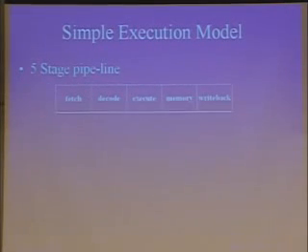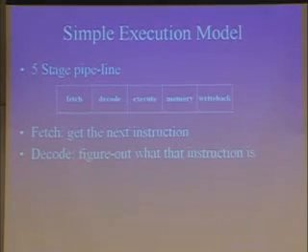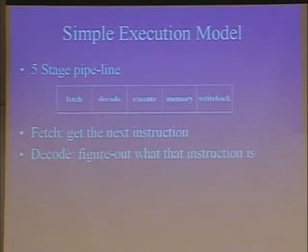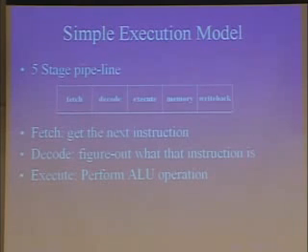If you look at a very simple pipeline, this is the kind of thing from 004. You probably did this in 004. There are 5 stages. It's a fetch stage, get the next instruction; decode, find out what this instruction actually wants to do; execute the ALU operations. The interesting thing is you only need the values from the previous calculation at this stage.